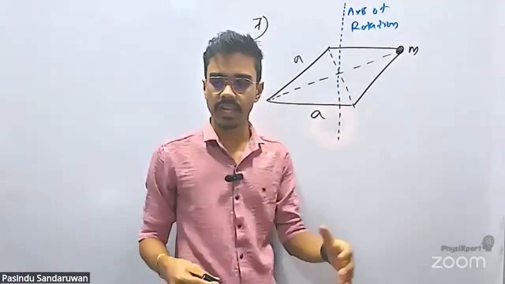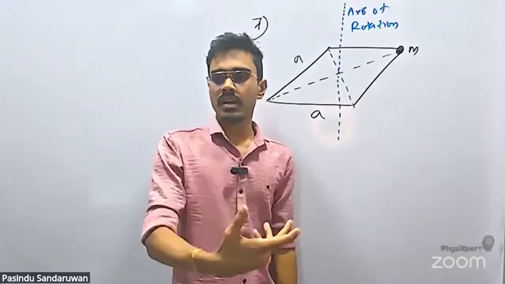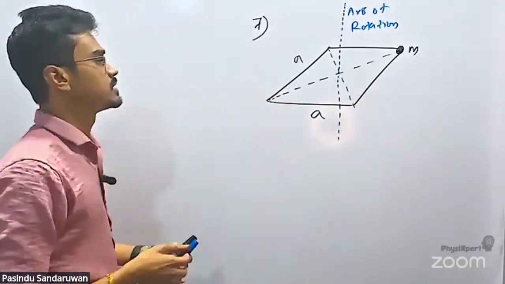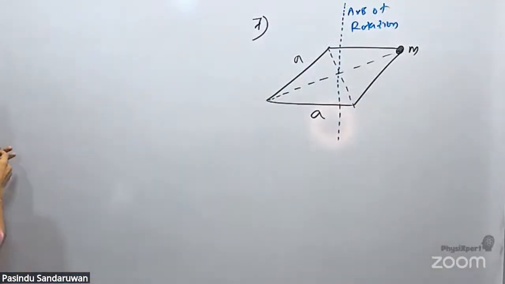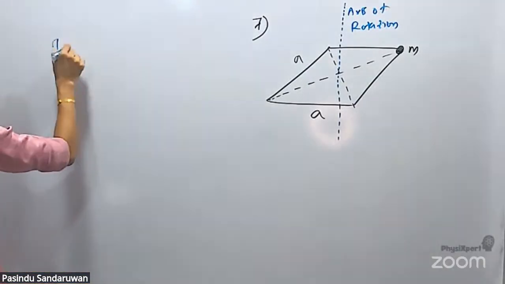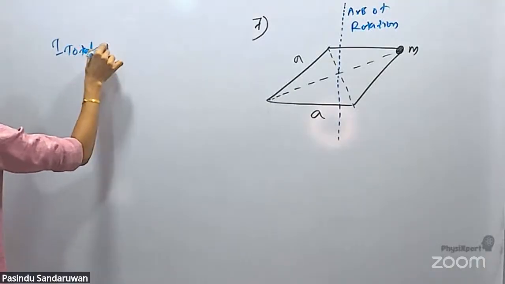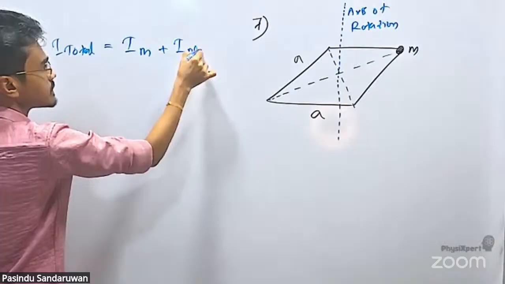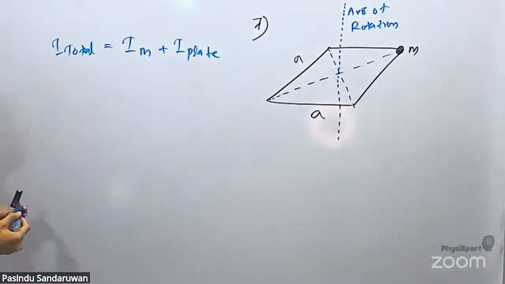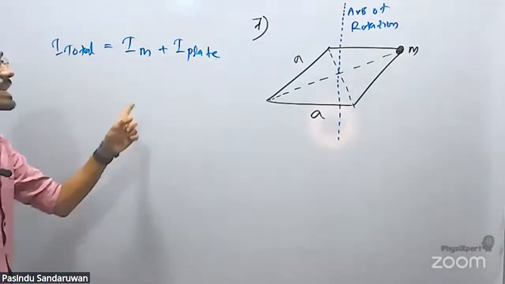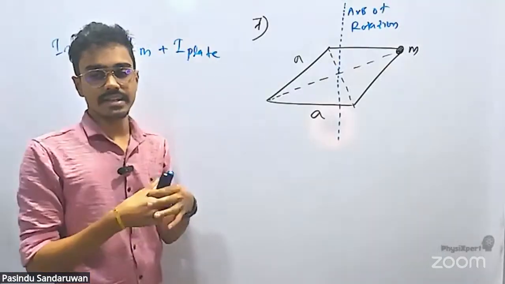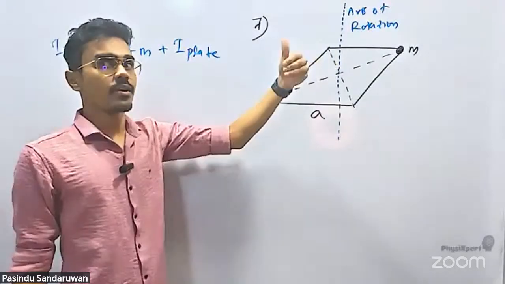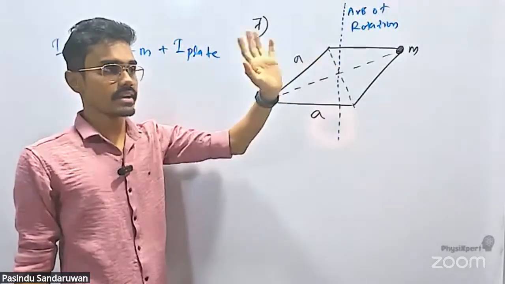From the definition of moment of inertia, we know I total can be written as the sum of I of each particle, each object. So I total of the system can be written as I of the small mass m plus I of the plate. The plate is rotating around its own axis, so you can't write it using mr squared.